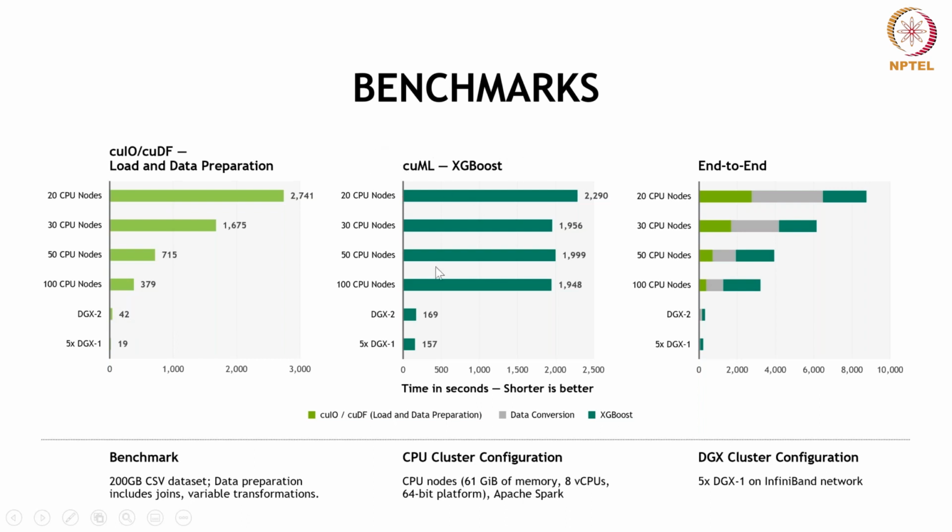Same goes with cuML. Even with 100 CPU nodes, for an algorithm called XGBoost, one GPU node is still surpassing, by different folds, a combination of 100 different CPU nodes connected to each other. And if I talk about the whole end-to-end pipeline, again, you can see one GPU node is surpassing 100 CPU nodes by many folds.